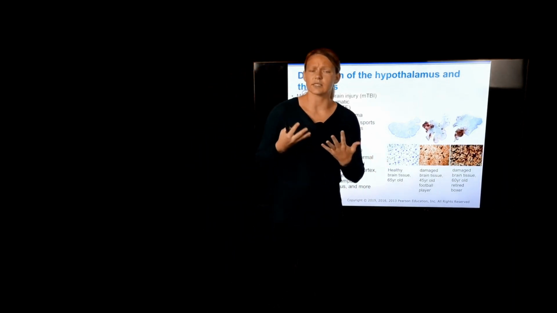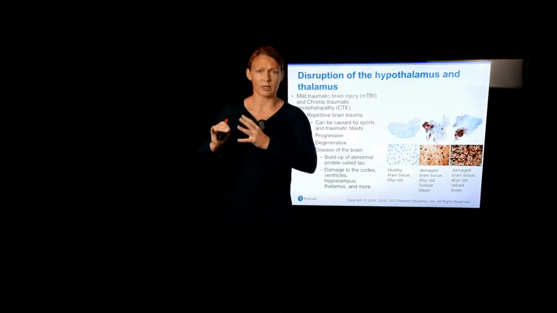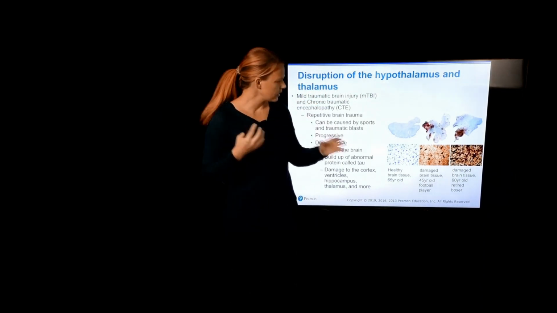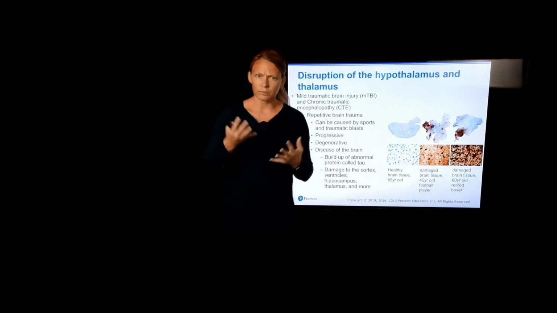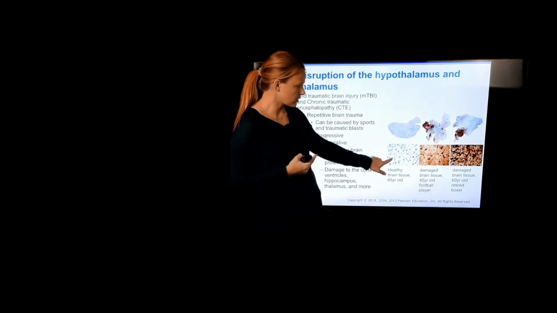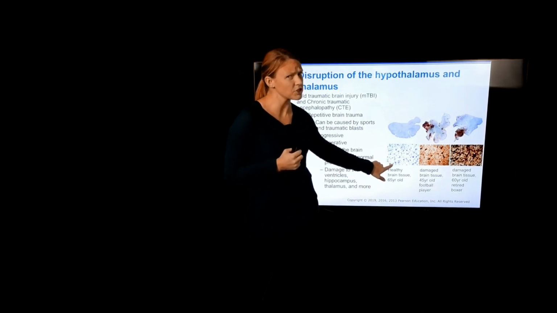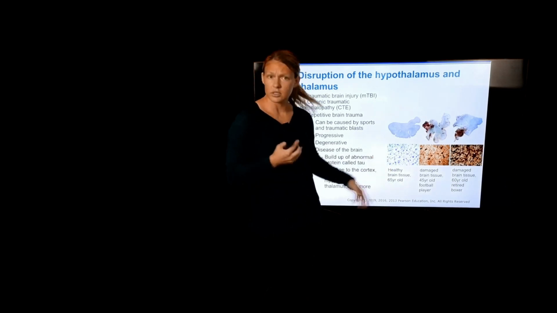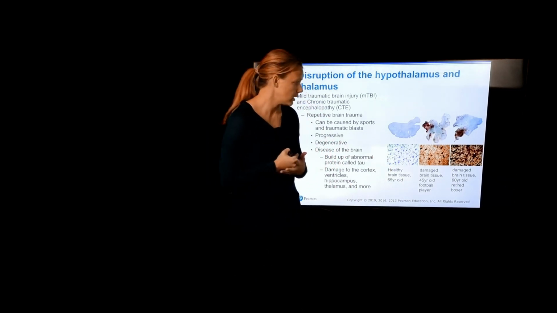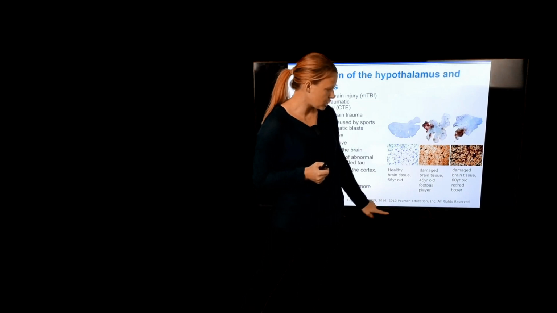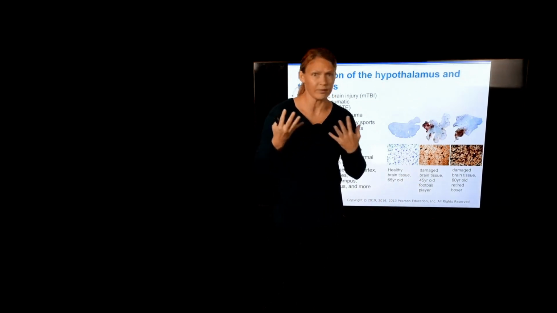Here you can see healthy brain tissue in a 65-year-old. I would consider 65 to be past middle age, not really old yet, but still pretty well up there, right? And still very healthy brain tissue. So it's not just the age that's a problem here. This person has completely healthy brain tissue. Then you have the damaged brain tissue of a 45-year-old football player, and 45 I would say is middle-aged.